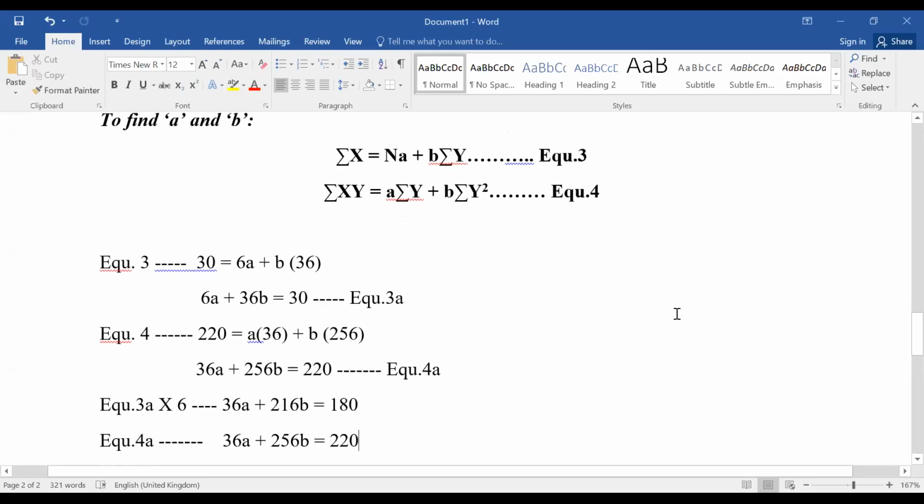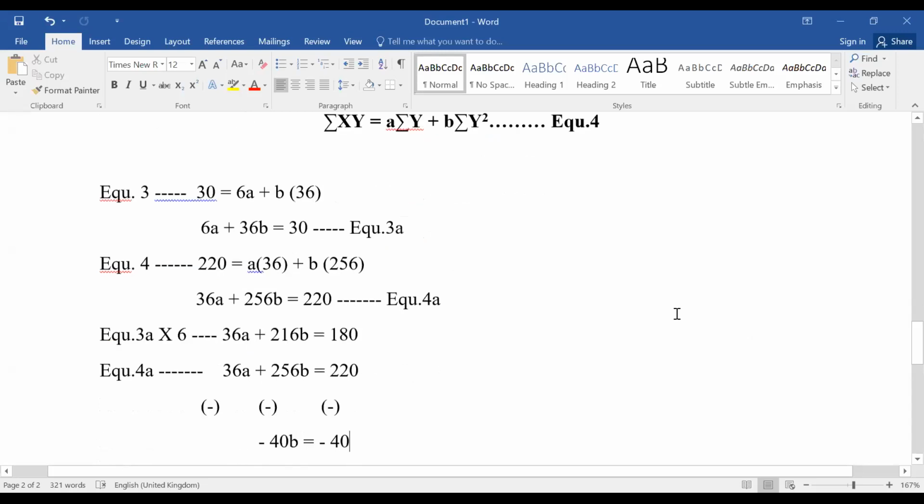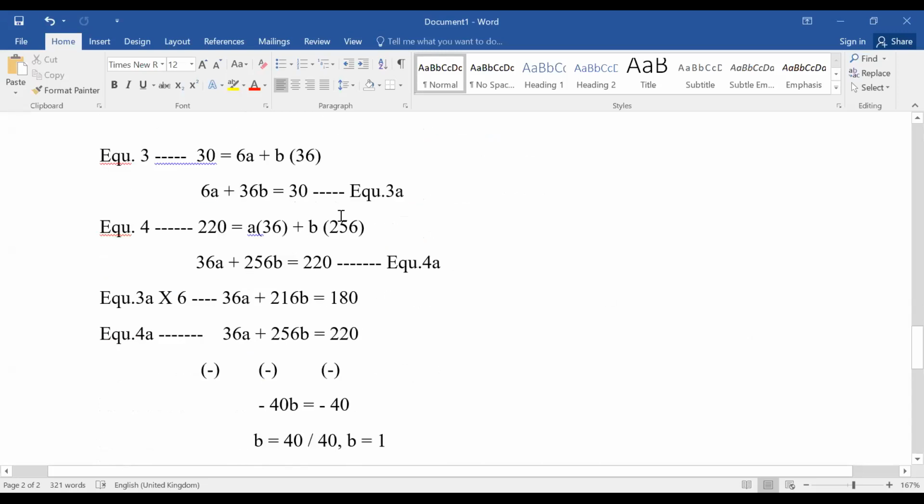I'll go down. After substituting the values, you will get equations 3a and 4a. Now solving equations 3a and 4a, we need to eliminate any one variable. According to the variable we choose, we multiply by the respective number so that we can cancel any one variable.